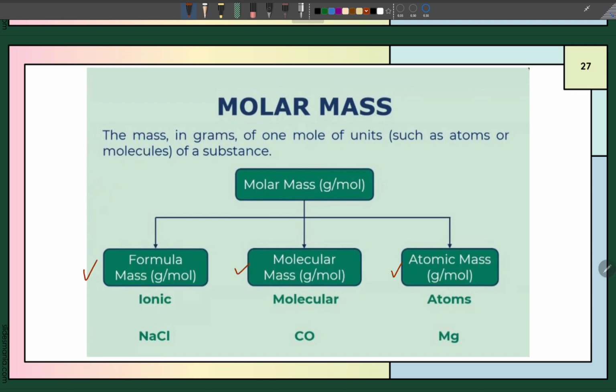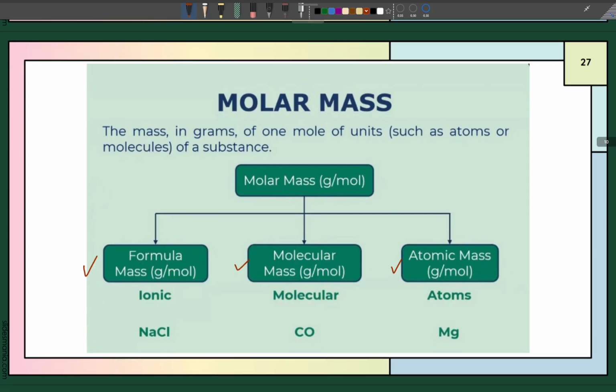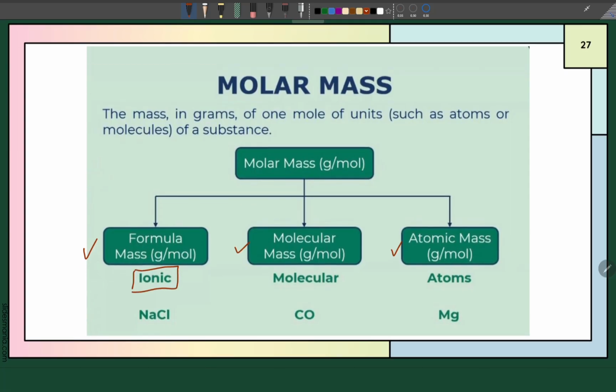All of these refer to molar mass, the amount of substance or compound in grams per mole. When we say formula mass, this is the term for the mass of ionic compounds, molecular mass for covalent compounds, and for atoms, we have atomic mass.